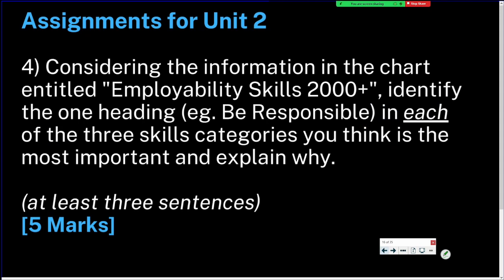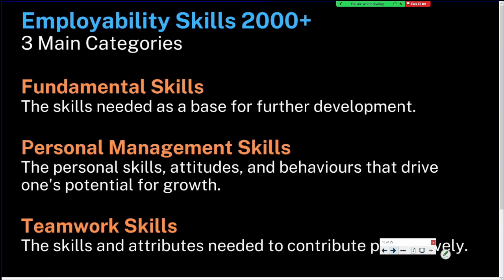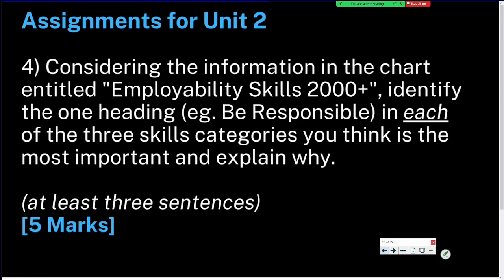Identify the one heading in each of the 3 skill categories you think is the most important. So you have to identify the one that you think is the most important.